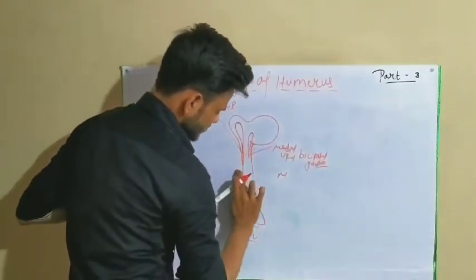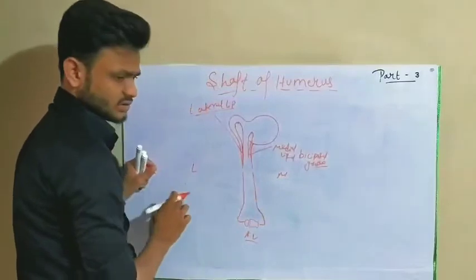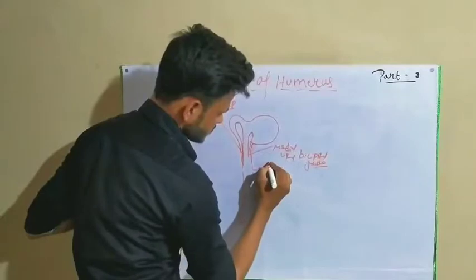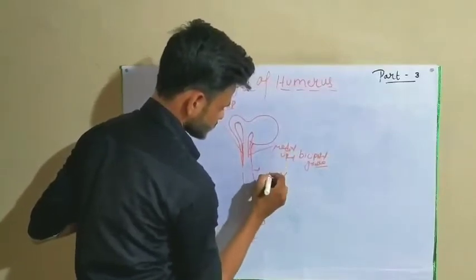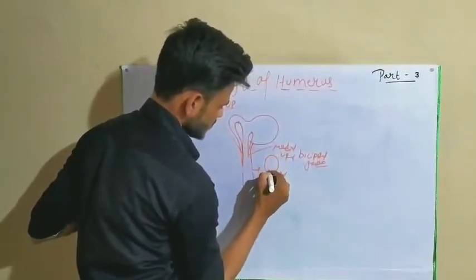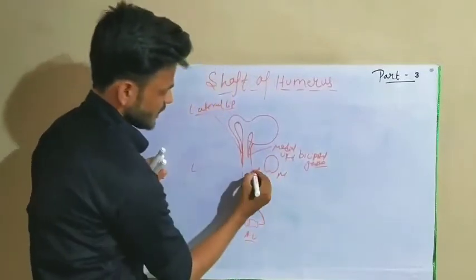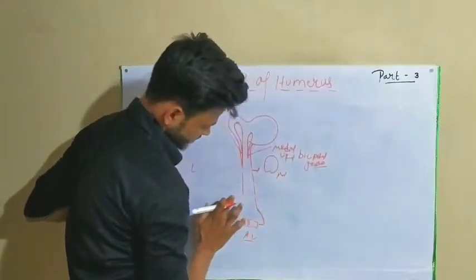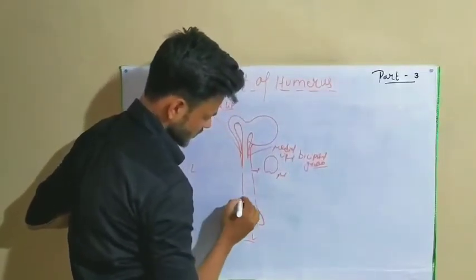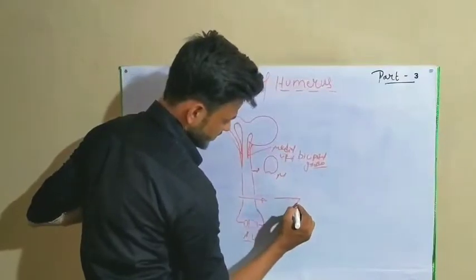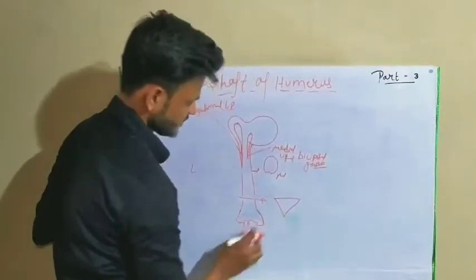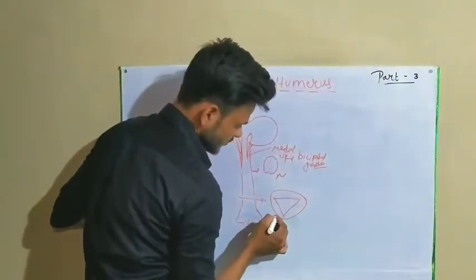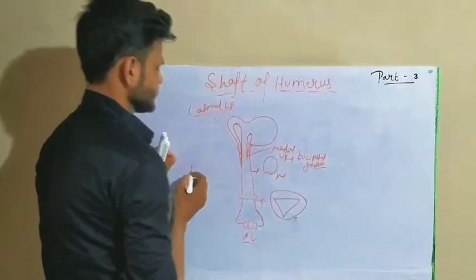If we cut a transverse section on the upper half of the humerus, we will find it is circular. If we cut a transverse section on the lower half of the humerus, we will find a triangular shaft. This triangular shaft is responsible for the borders and surfaces.